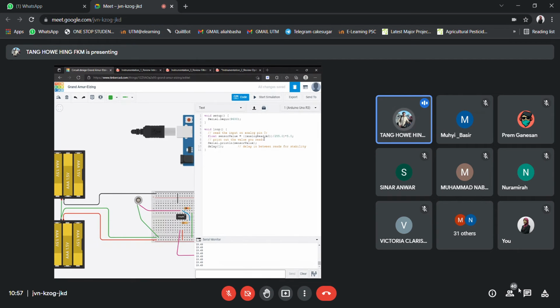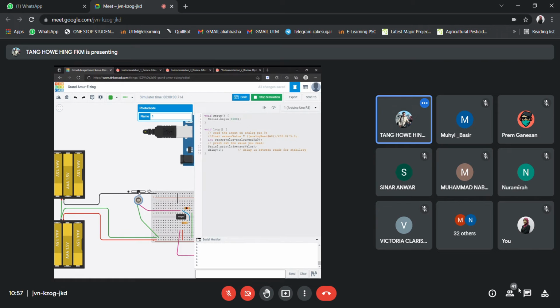And then first of all, maybe just get the readings: integer sensorValue equals analogRead(A0).